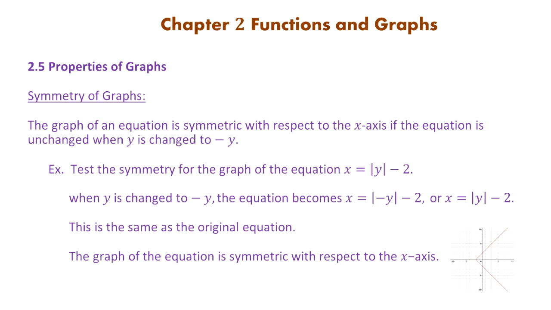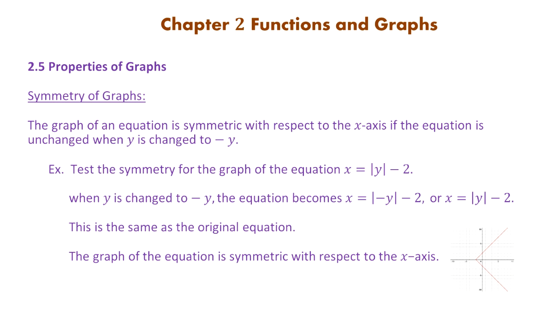For positive or negative numbers, you take the absolute value and you get the same number. So that's not a function. Let's see what kind of symmetry this equation has. If you change y to negative y, the equation becomes x equals the absolute value of negative y minus 2. But the absolute value of negative y is just the absolute value of y, the same.